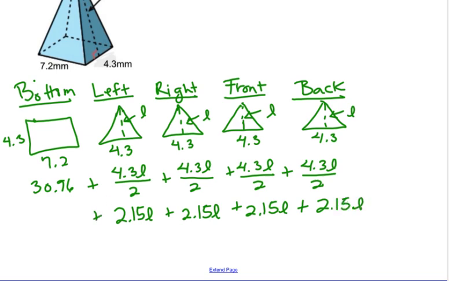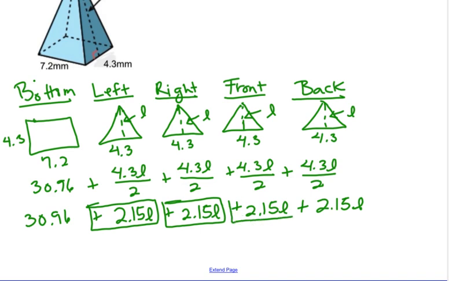And then bring down our 30.96. So like we did before, we have a box around these that have the variable, and we're going to combine all the boxes together. It's kind of like we're the garbage man or recycle man. And we're going to combine all the circles together.